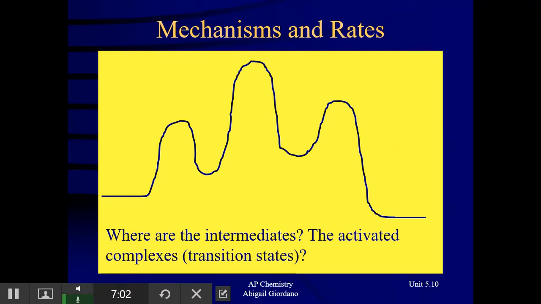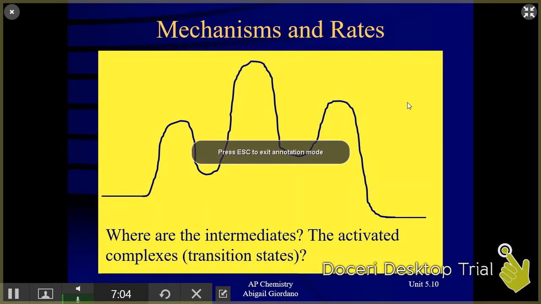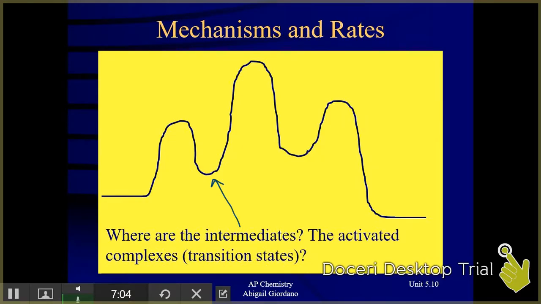Okay, if you think about that, you should realize that the intermediates are going to be found in the valleys of this reaction profile. Because if you follow step number 1 here, right there is where the products of step 1 are located.